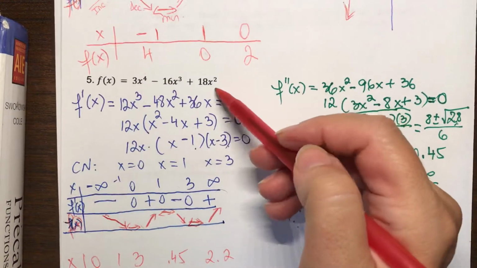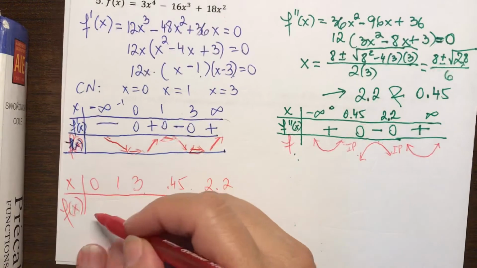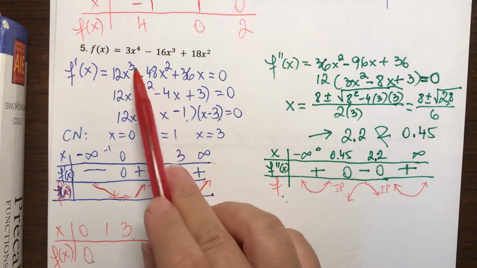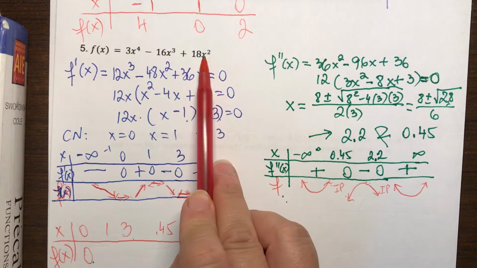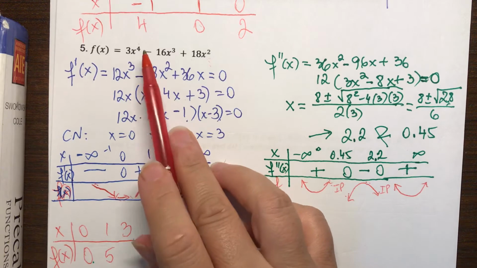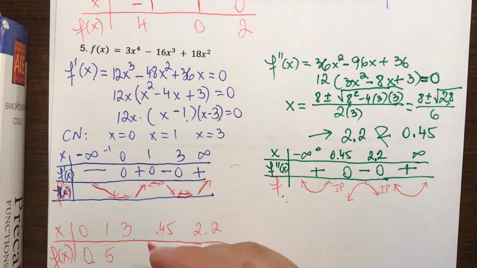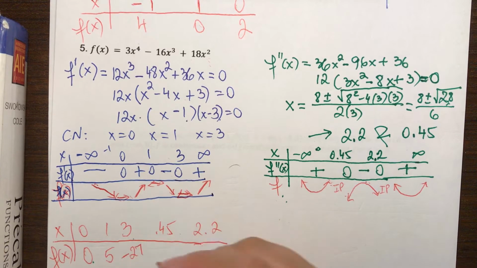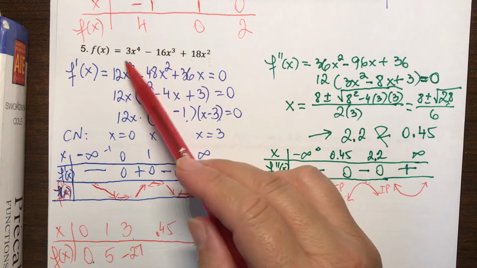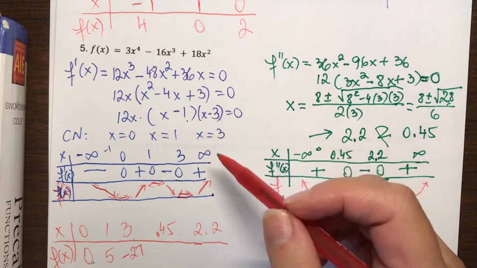So you plug it into your function itself, right? Plugging in a 0, you actually get a 0. Plugging in a 1, 3 minus 16 plus 18, you'll get a 5 easily. Plugging in a 3 is not quite as fast, but I plugged it in already, and I have a negative 27. 0.45 to the 4th times 3, again, this is going to take a long time.